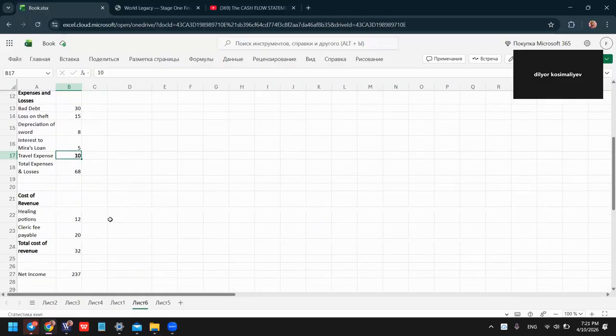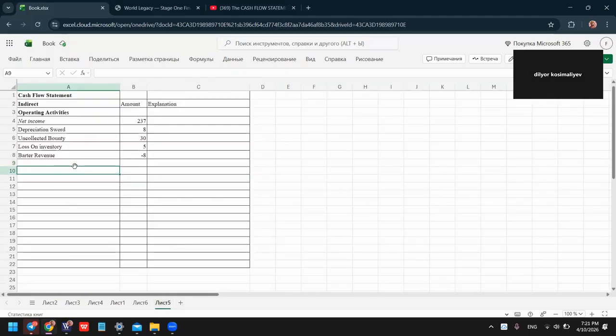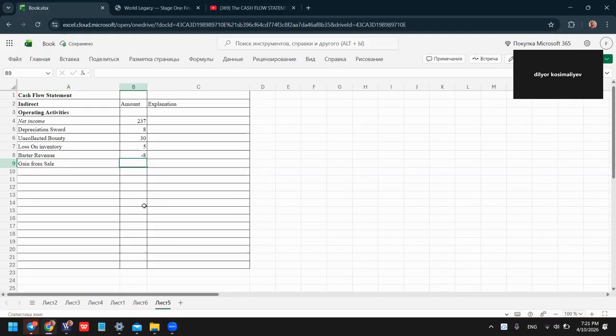Not in the income statement, I guess. Yeah, here, as cash, it's counted as 30. That's why we remove the gain from sale. Hope it's understandable for you. We deduct this gain as it is kind of a fake gain for our cash flows. It's only earned.